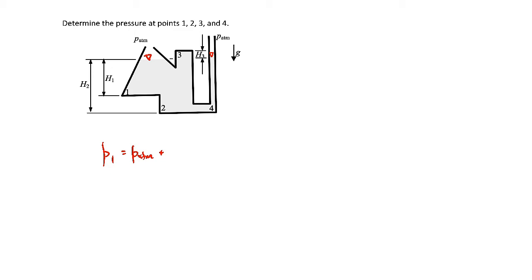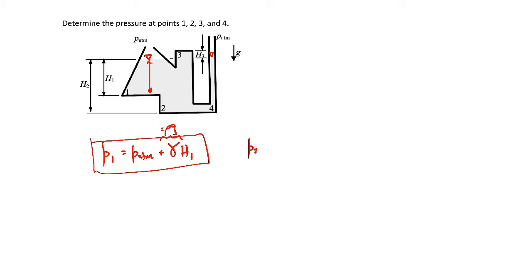I'll just write it as gamma. Gamma is just the specific weight, which is just density times gravity, times the depth to that point. So as we go down to this point 1, that's located at depth h1 from the free surface. So this will be just gamma times h1. There you go, there's the pressure at 1.